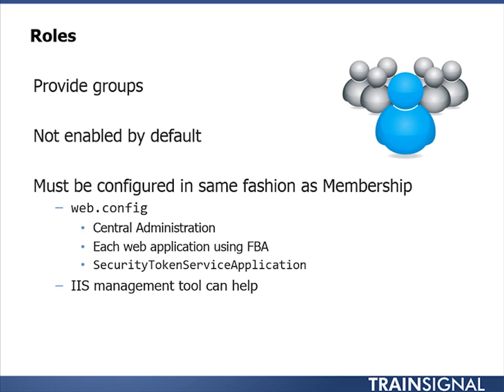I do have to go in and set them up, but they're basically set up in the exact same fashion that membership is set up. I'm going to need to create the backend database, and I'm going to need to configure SharePoint to use it. Let's take a look at setting up that backend database, setting up everything inside of IIS, setting everything up inside of SharePoint, and then showing how we can allow somebody access into SharePoint by using membership.